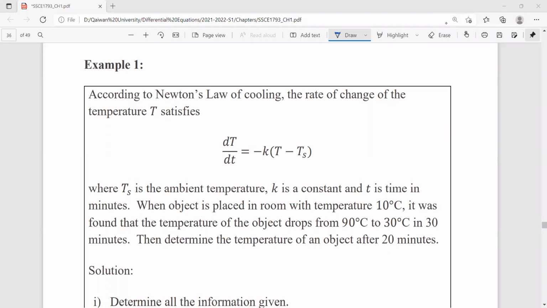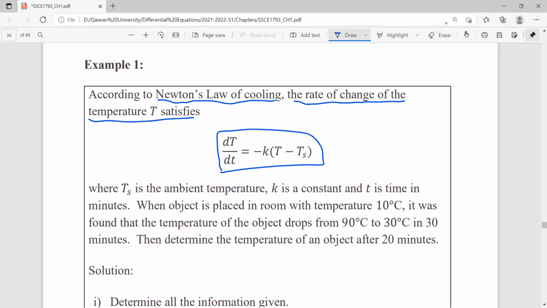In this example, it says, according to Newton's law of cooling, the rate of change of the temperature T satisfies this equation. We have been given this differential equation, where Ts is the ambient temperature. Ambient means around.